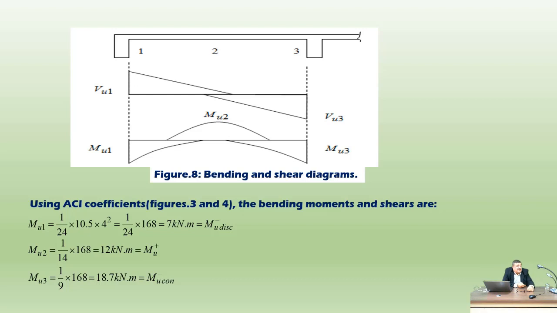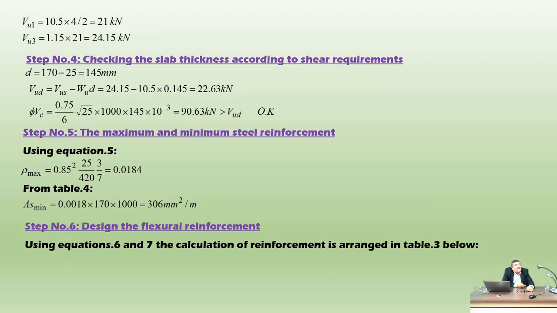Mu3, which is the larger moment, the most critical moment, equals 1/9 times 10.5 times 4 squared and equals 18.7 kilonewton meter. The critical shear Vu1, which is the design shear at the face of the exterior support, equals 10.5 times 4 over 2 and equals 21 kilonewton.